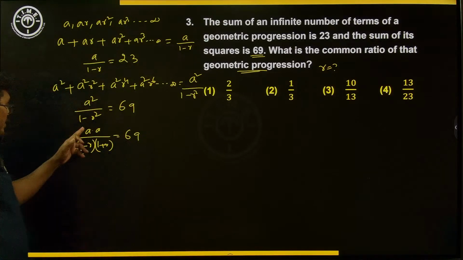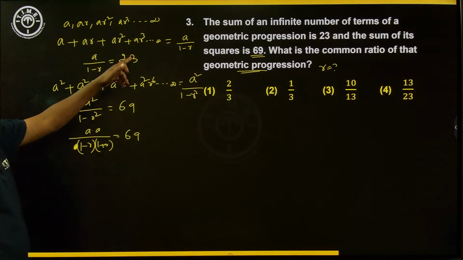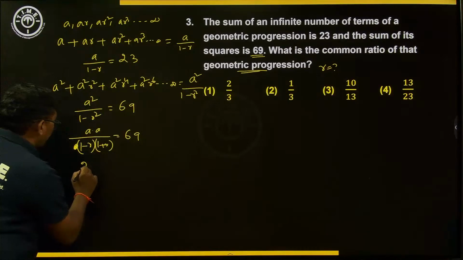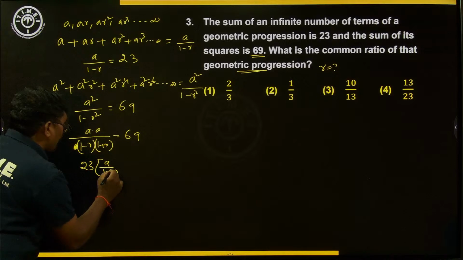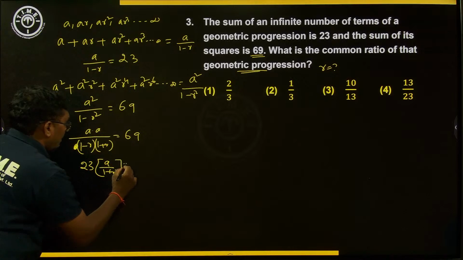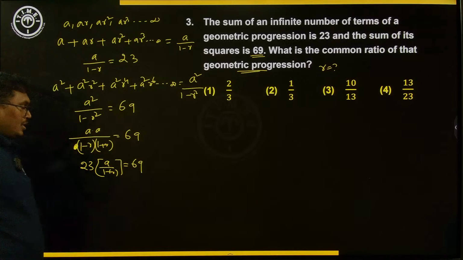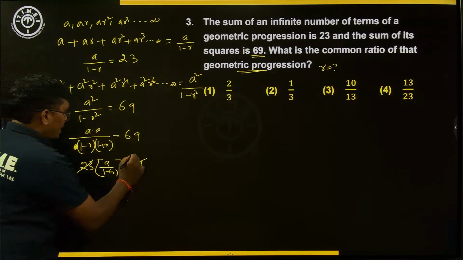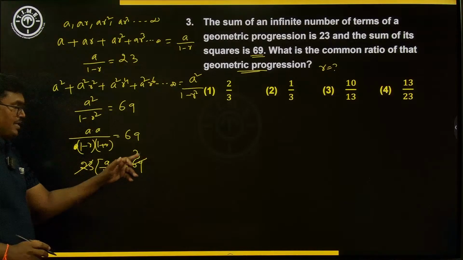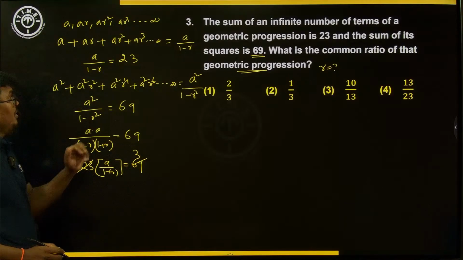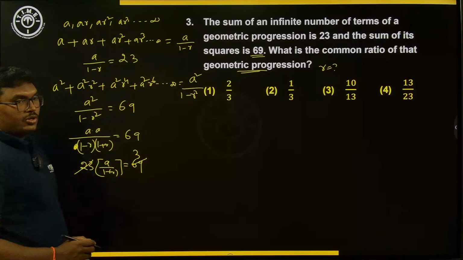A by 1 minus R is 23. So 23 into A by 1 plus R is equal to 69. So 23, 3 times, that means A by 1 plus R is 3. And A by 1 minus R is 23.